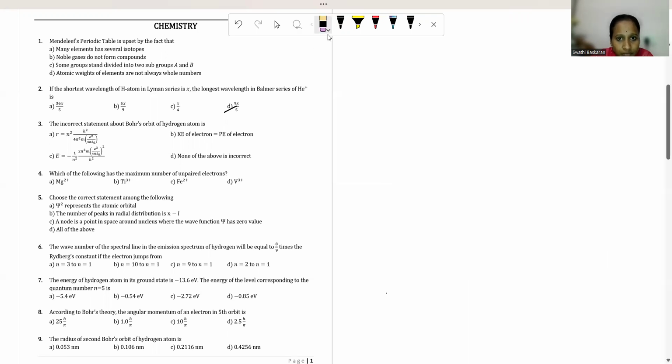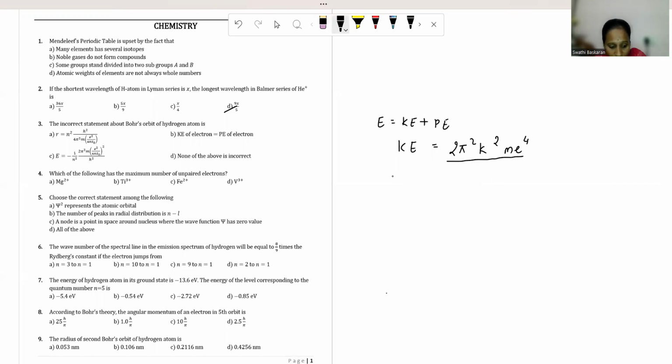Now we know that total energy, E, is equal to kinetic energy plus potential energy. So basically we know the formulas. Kinetic energy is equal to 2 pi square K square m e 4 divided by n square h square.